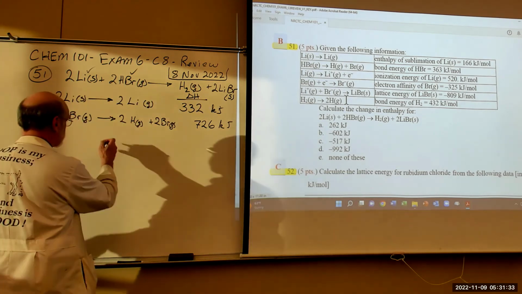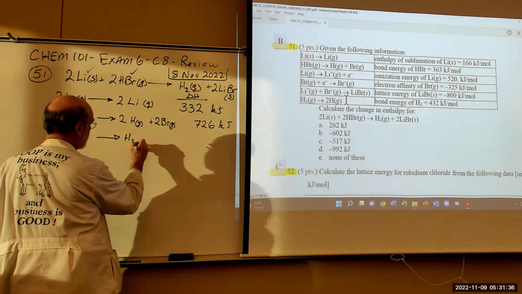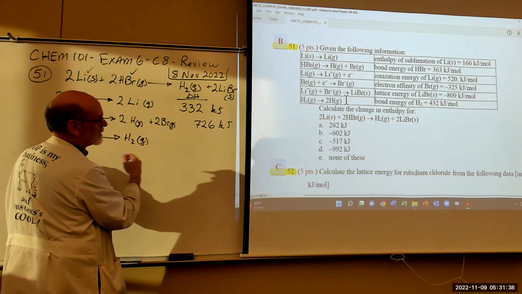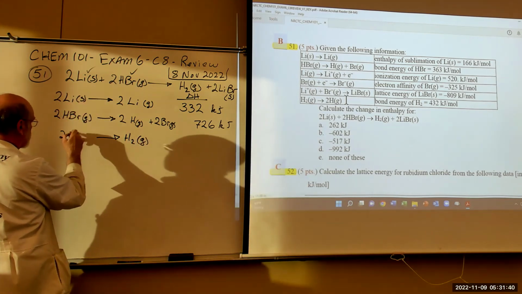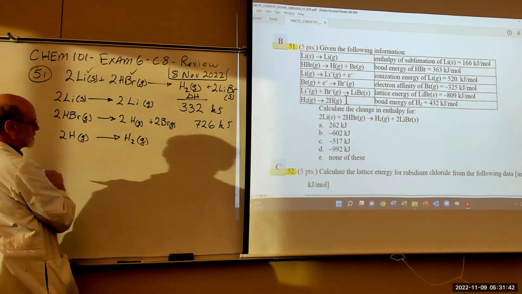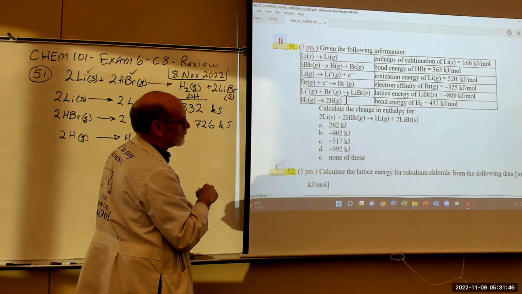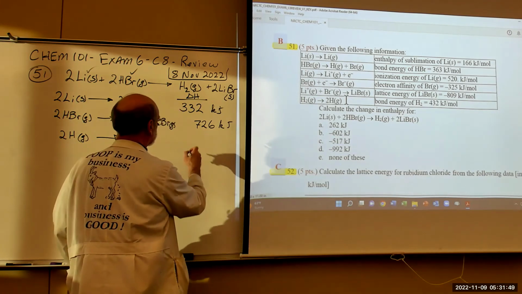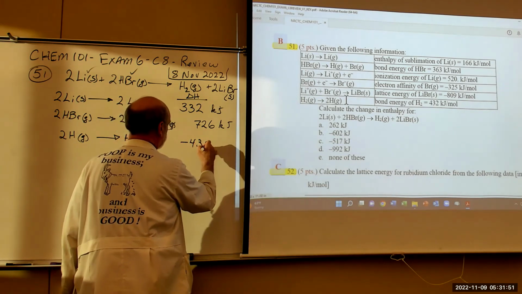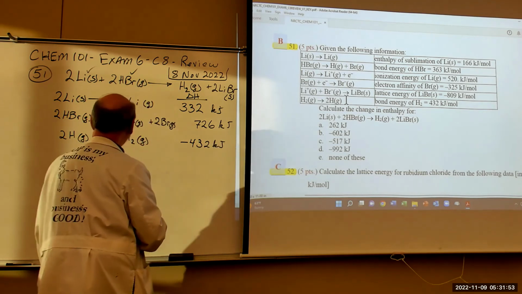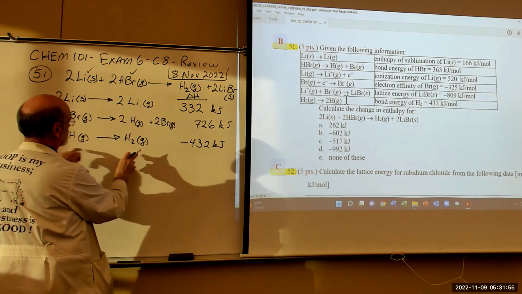It's got however many we need. Hydrogen gas. And on this side is 2H gas. We just need to change the sign from 432 to minus 432. Okay, that takes care of this one.